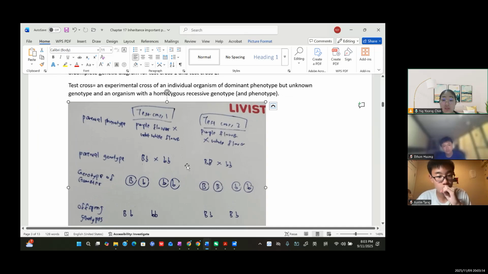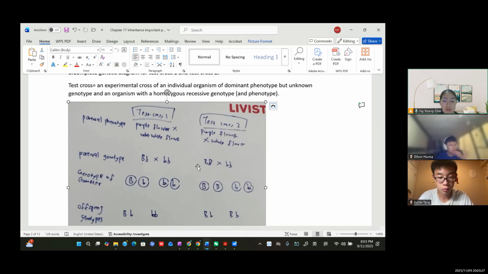But you are not sure, so that's why you need to do a test cross. You need to cross with the homozygous recessive and observe the offspring. By this way, you can determine the parent's genotype, whether it is heterozygous or homozygous dominant. So this is test cross.